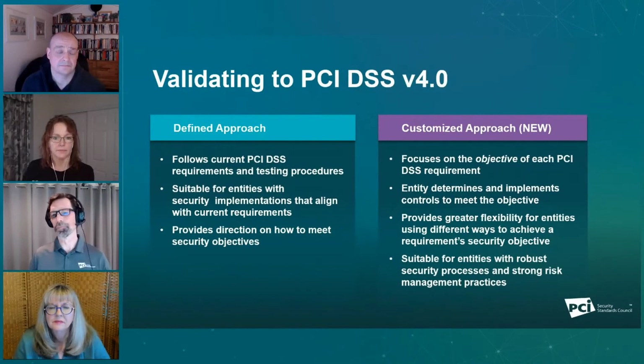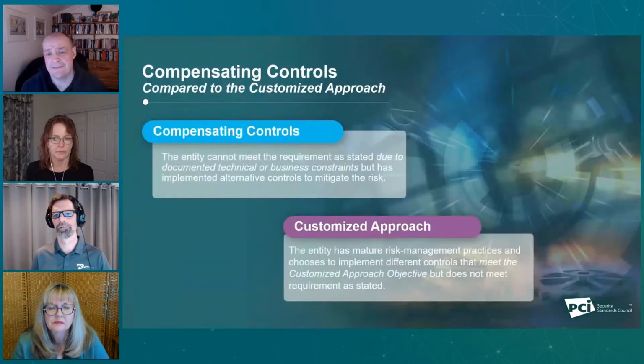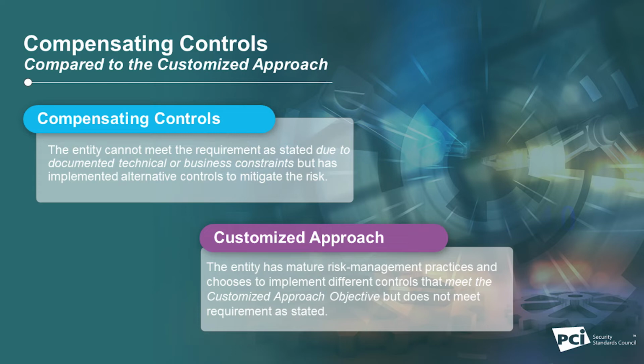So hearing you explain that, the new customized approach does sound a lot like our already existing compensating controls. Can you clarify the differences between compensating controls and the new customized approach? Yes, so many people will already be familiar with compensating controls, and they are still an option for those who are using the defined approach.